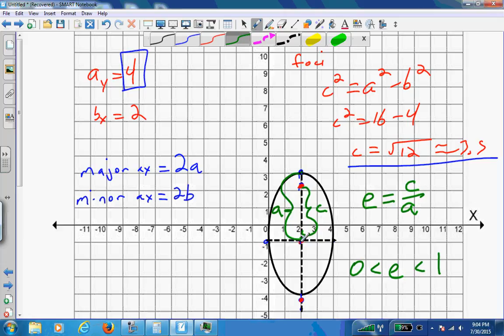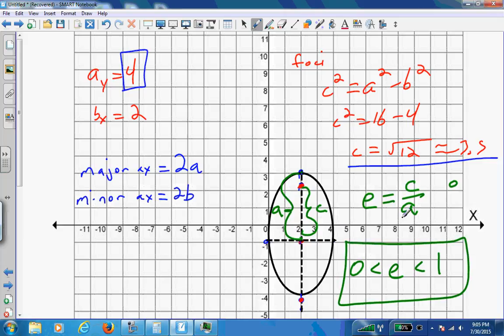If the focus is at the center, so C equals 0, this distance gets smaller and smaller until it's 0. 0 over anything is 0. So if our eccentricity is 0, that's a circle. So one way of differentiating conic sections is what their eccentricity is. The next conic section we look at is the hyperbola, and it has a different value for its eccentricity. So if C over A is between 0 and 1, we have an ellipse.